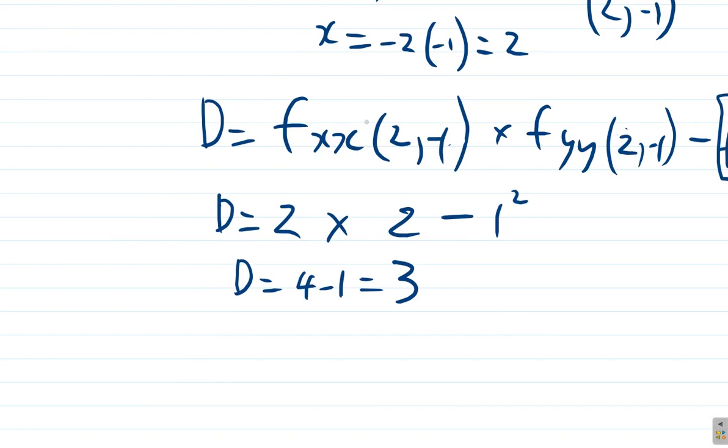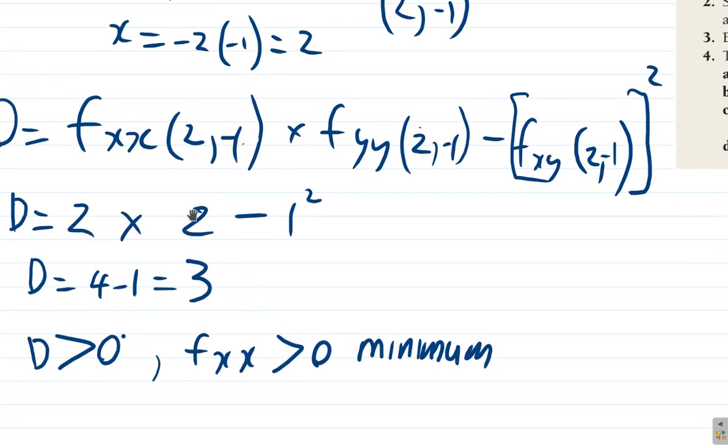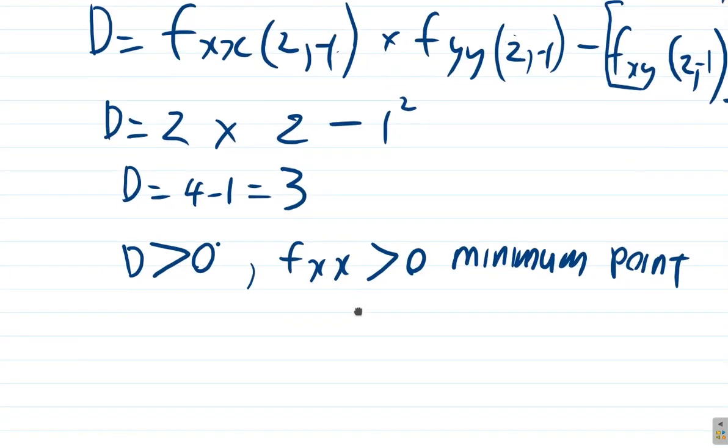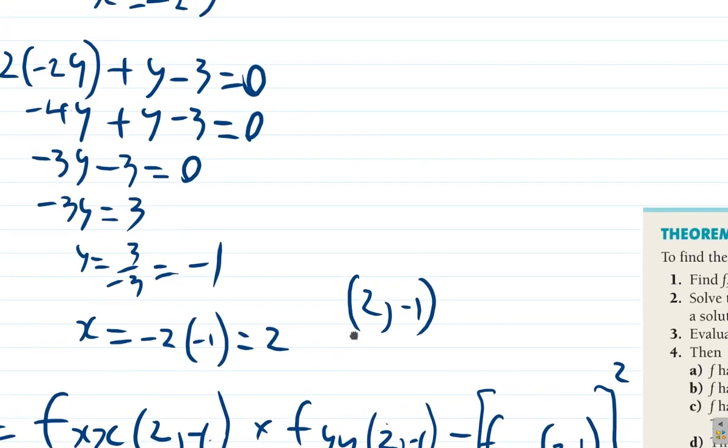So since D is positive, it's greater than 0, and fxx is also greater than 0, then what we have is a minimum point. And we can find out where the minimum point is. We know that it is located at (2, -1).